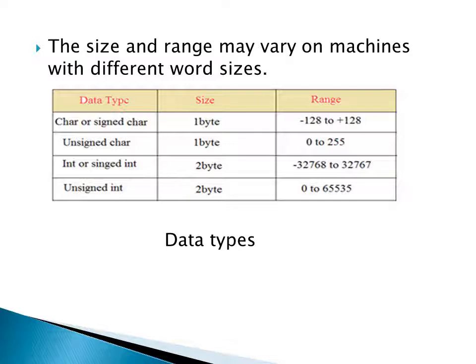Third one is integer or signed integer, the size is 2 bytes, range is from -32768 to 32767. Fourth one is unsigned integer, the size is 2 bytes, the range is from 0 to 65535. 1 byte is equal to 8 bits, so 2 bytes is equal to 16 bits.